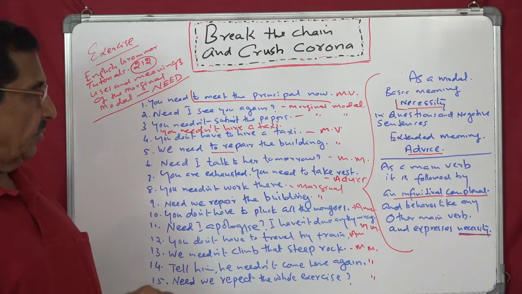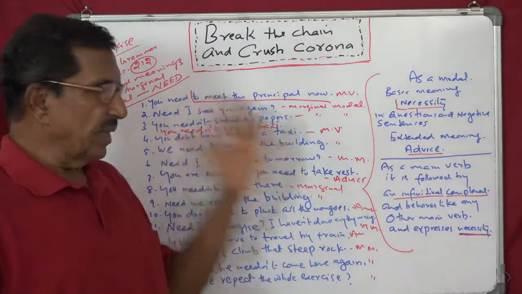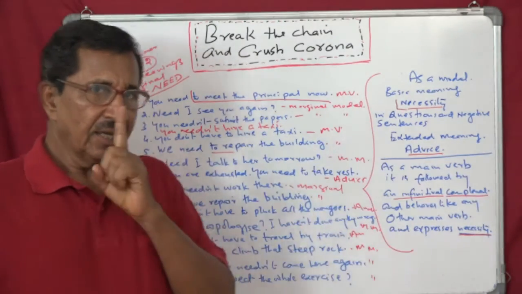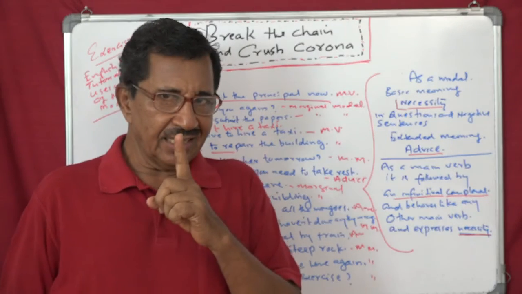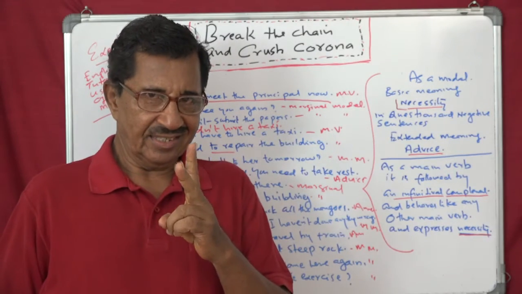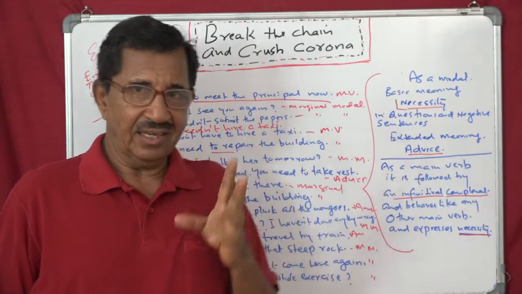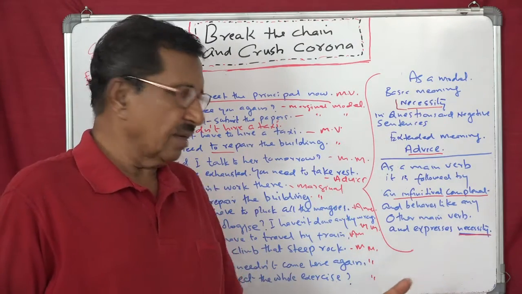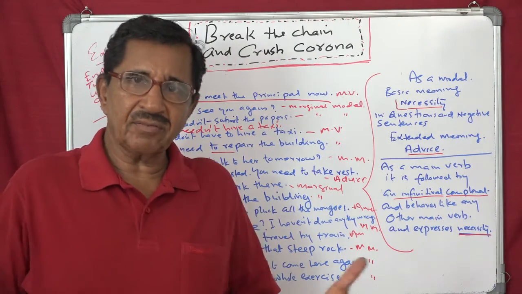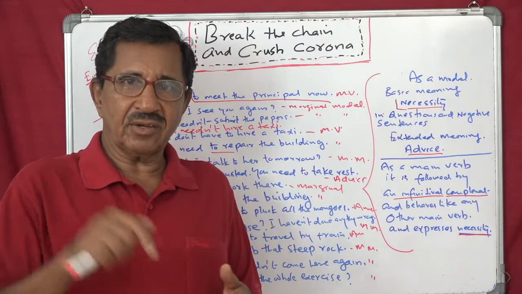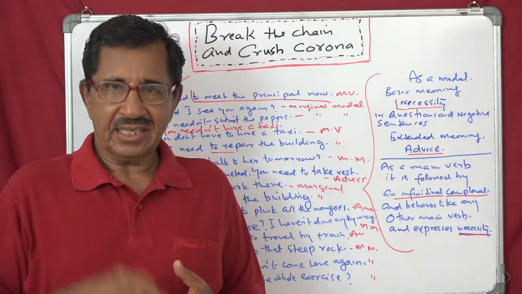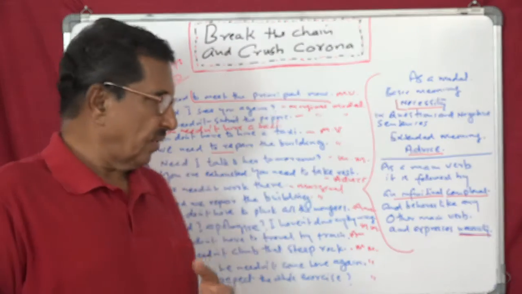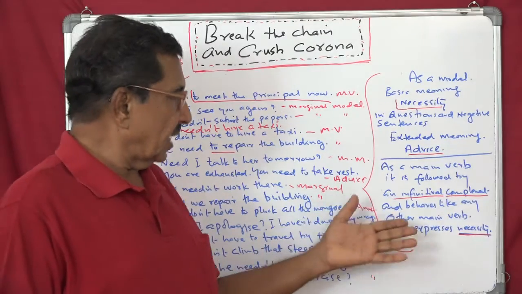So all the various uses we have seen. The basic meaning is necessity, in questions and in negatives. As a main verb, you can use it without any difficulty, and then it will be like any other verb, like he needs.